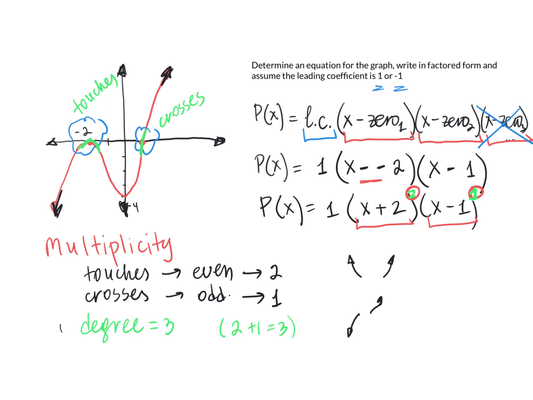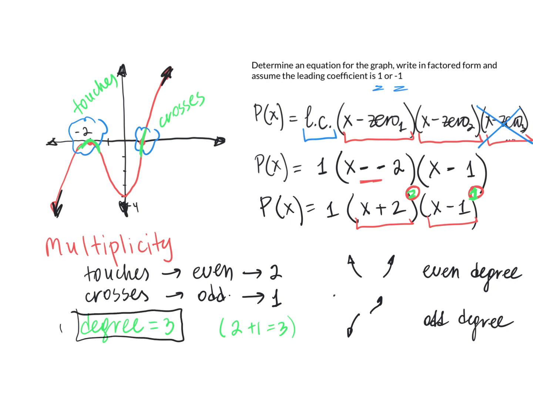This first end behavior is with the positive leading coefficient but an even degree. The second end behavior, which is our case, is the positive leading coefficient but odd degree. And we just checked that the degree of our polynomial is 3, which is odd, so it matches the end behavior, and that means we're done.